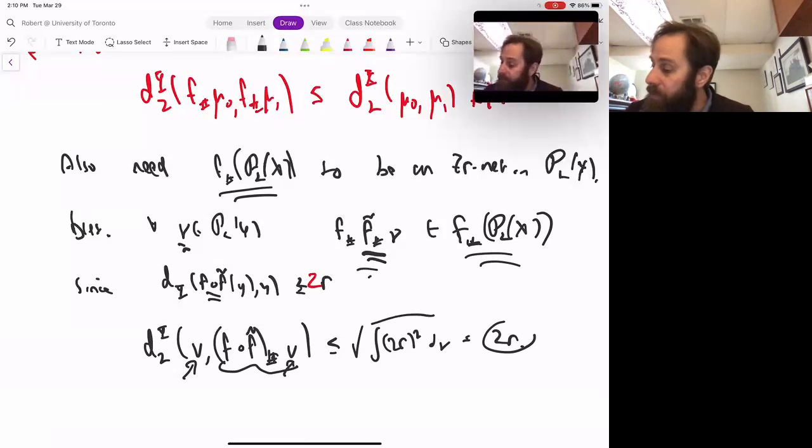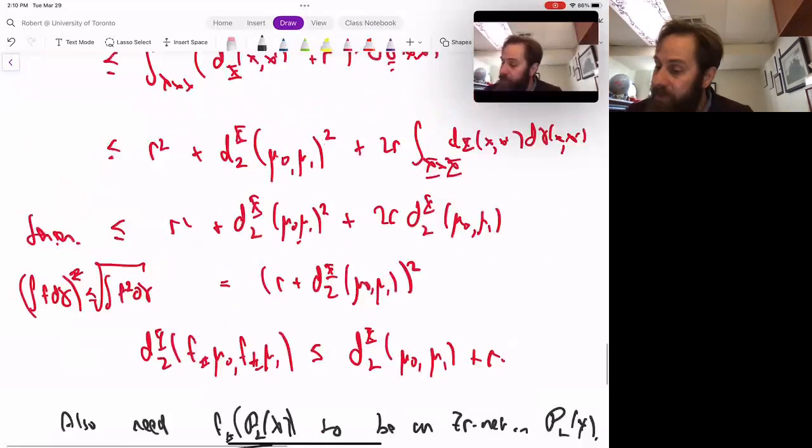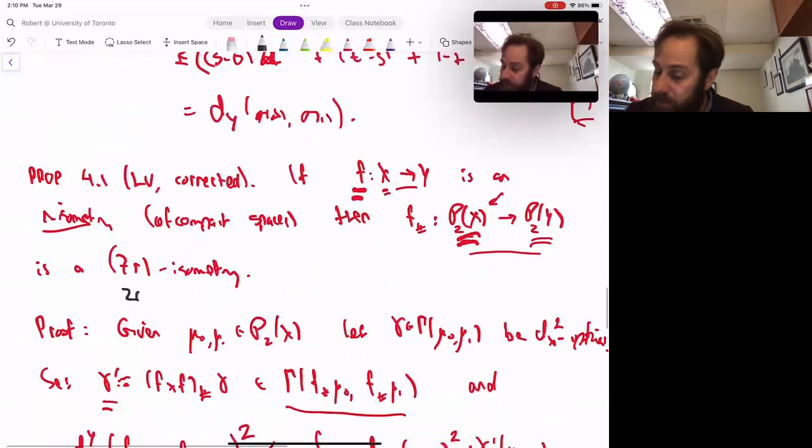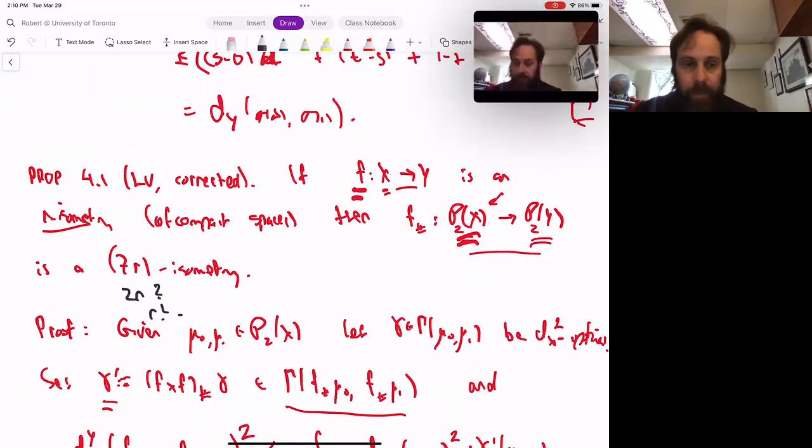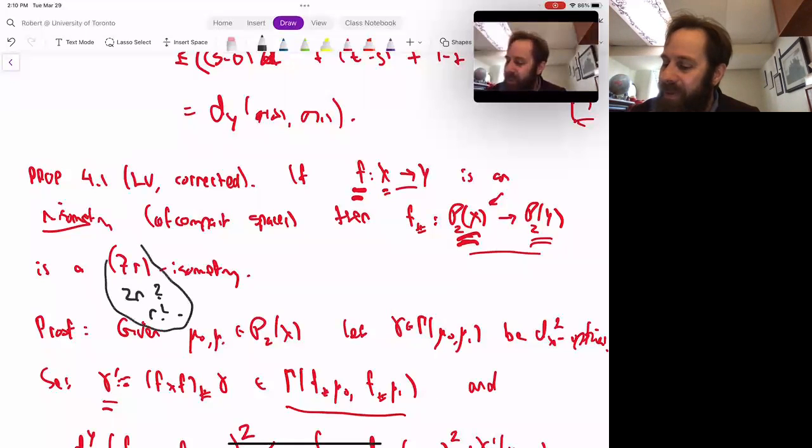So somehow, if this 2 can be reduced, I think that I can actually reduce the 7R to 2R and maybe to R in this proposition. But the point is, I don't really care what the isometry is, as long as when this R goes to 0, this thing goes to 0 as well, because that shows that if I have a sequence of Xi's which are Gromov-Hausdorff converging to a limiting space Y, then the probability measures on that sequence of compact spaces will converge to the probability measures on the limiting compact space.